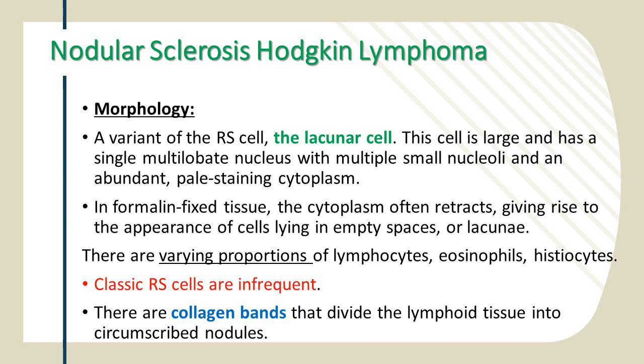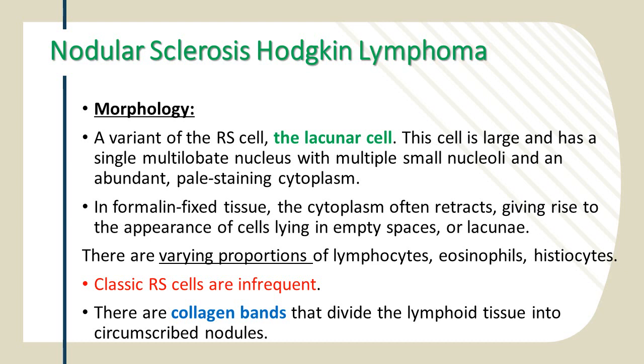The appearance of the cells lying in empty spaces or lacunae is observed in formalin-fixed tissue processing, as the cytoplasm often retracts. It is worth knowing that the immunophenotype of lacunar variants is identical to that of other Reed-Sternberg cells found in classical subtypes, meaning they express CD15 and CD30.